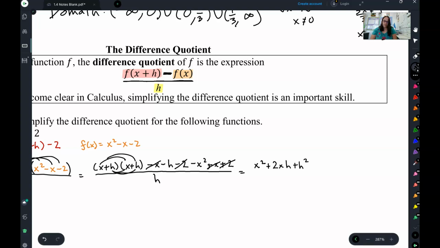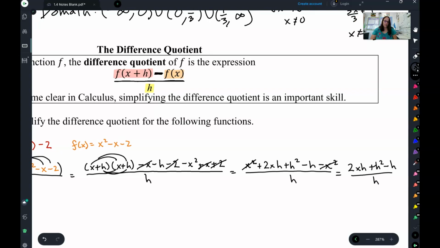And then I look at what I have left here. I have a minus h here. I have a minus x squared there, and it looks like that's all I've got, and it's still all over h. And hey look, even more stuff cancels. X squared minus x squared, gone. So now it looks like I'm left with 2xh plus h squared minus h all over h.